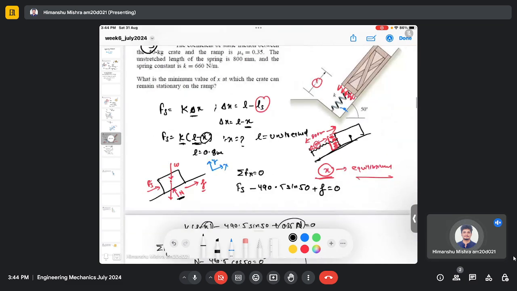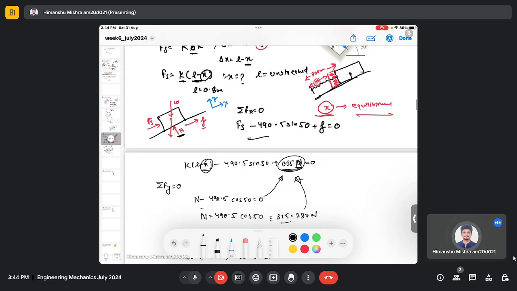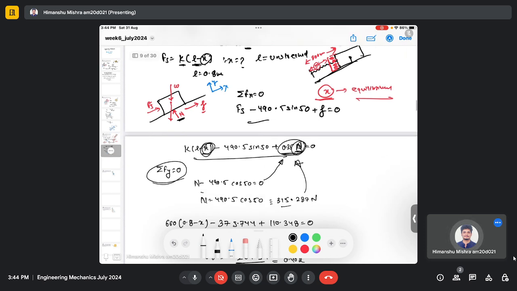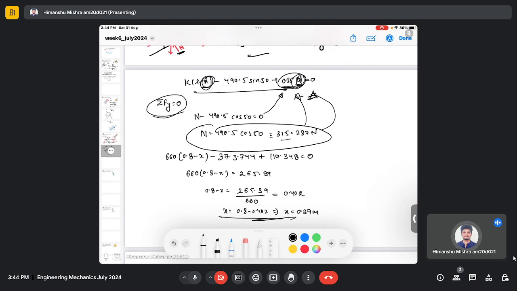Since the block becomes stationary and the system remains in equilibrium, we use the equilibrium equations. First we do the force balance analysis in the X direction, and we found there are two unknowns, X and N. So we have to write down another equation. So we do the force balance analysis in the Y direction, and we find the value of N. And when we substitute the value of N in the above equation, we can find X here.